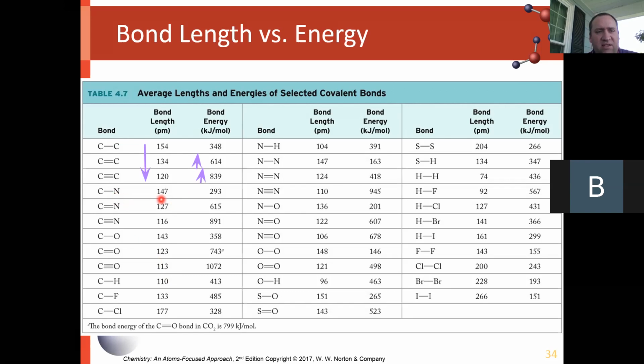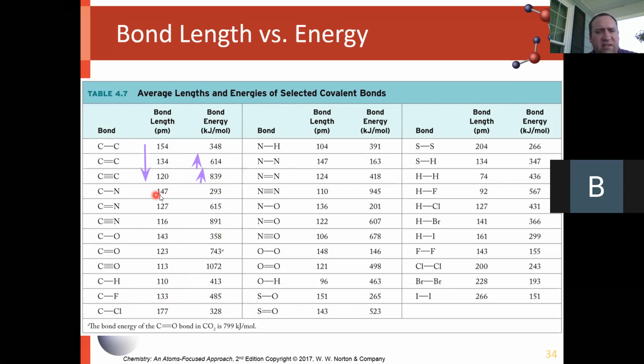But what we can see is that as we go from carbon to nitrogen to oxygen to fluorine, our bond length decreases, decreases, decreases. And with the exception of this little spot right here, we see an increase in energy, increase in energy.